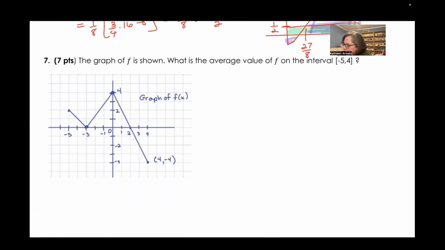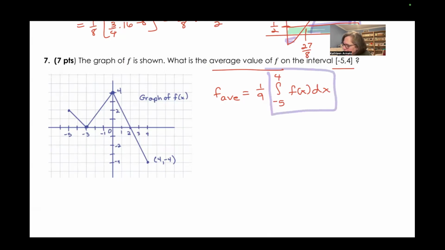All right, average value of f. We used that concept in the last problem. The width of my integral goes from -5 to 4, so the width is 9. And then I sum up all the values of the y's, basically. Again, an informal way to think about that with integration. How do I find this integral?